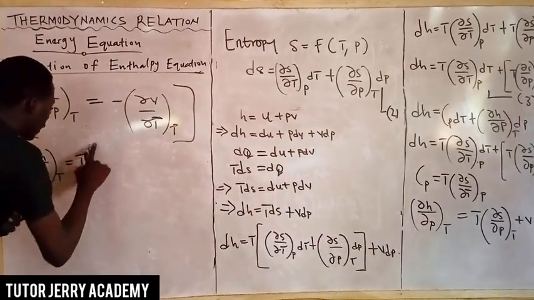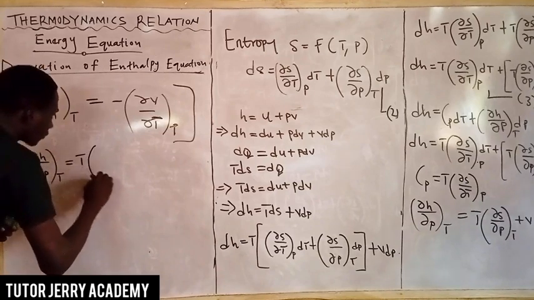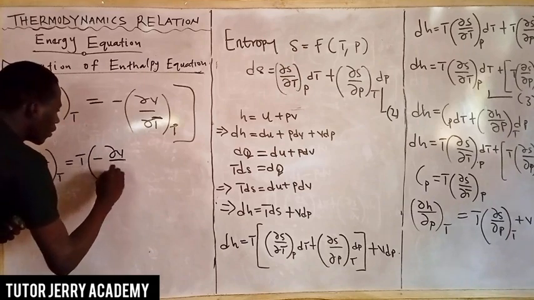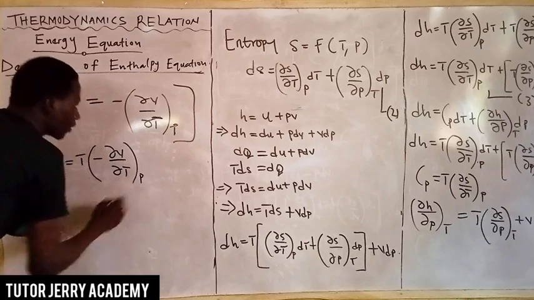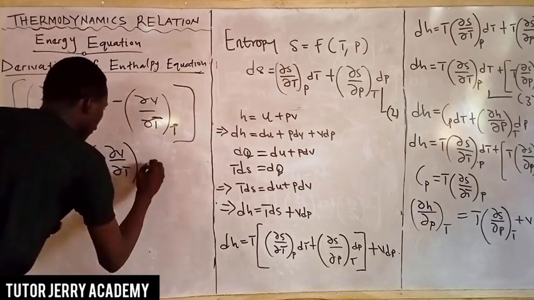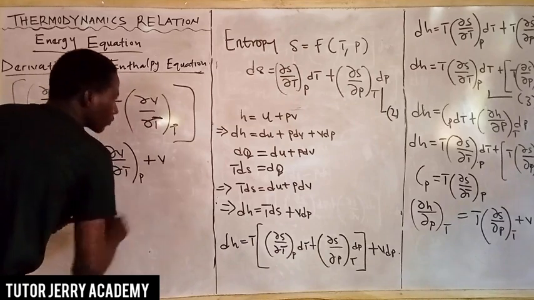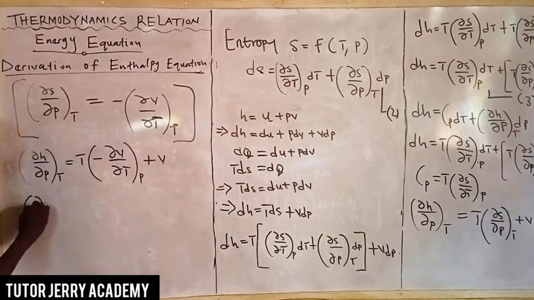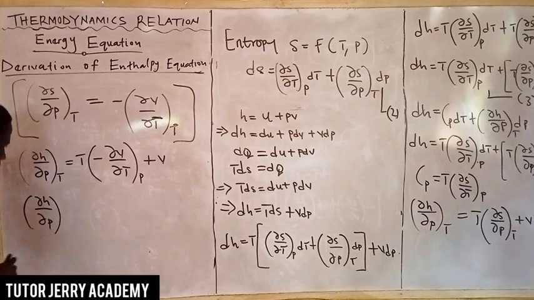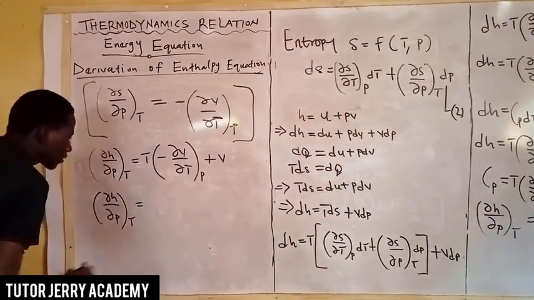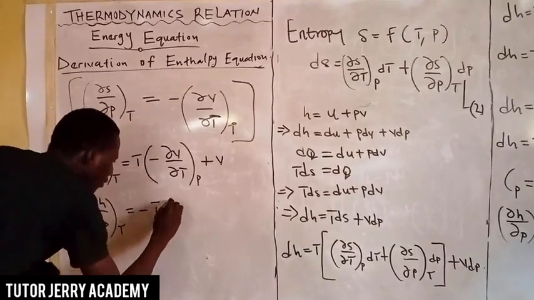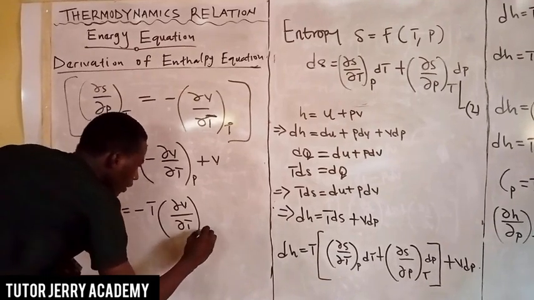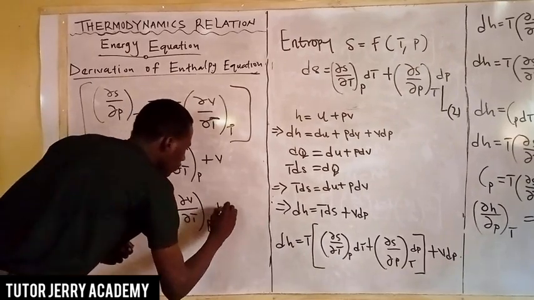So we have the bracket of minus the partial derivative of V over the partial derivative of T, keeping P constant, plus V. So we can further say that the partial derivative of H over the partial derivative of P, keeping T constant, is equal to minus T into the bracket of the partial derivative of V over the partial derivative of T, keeping P constant, plus V.